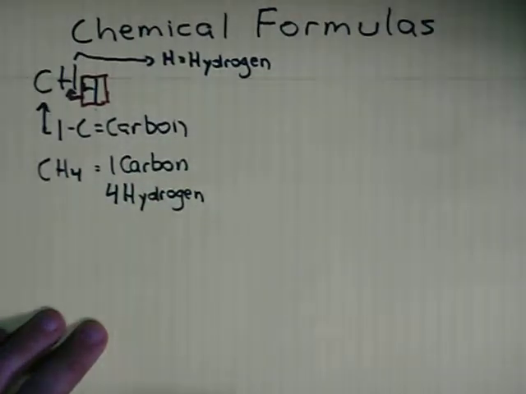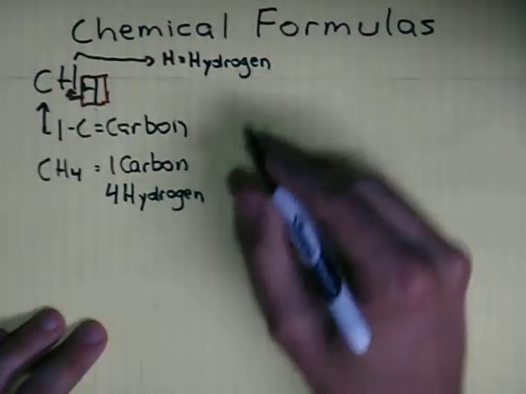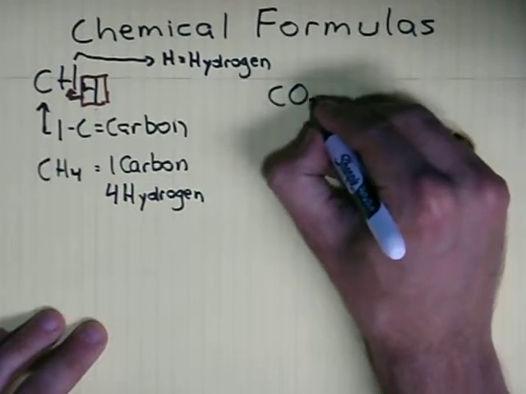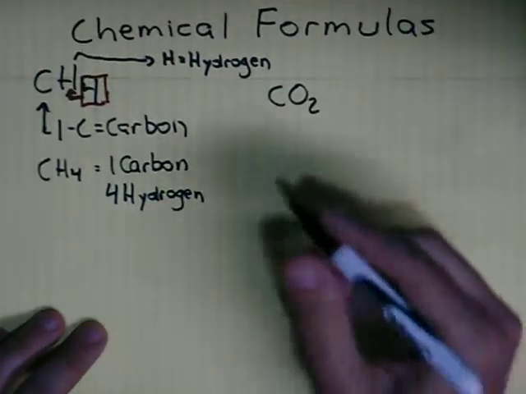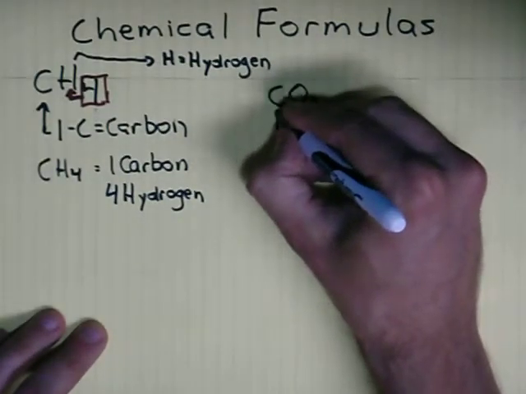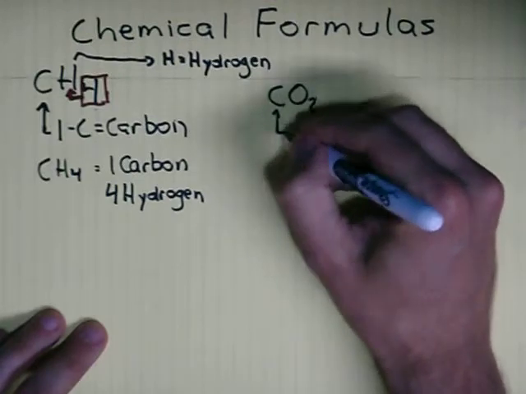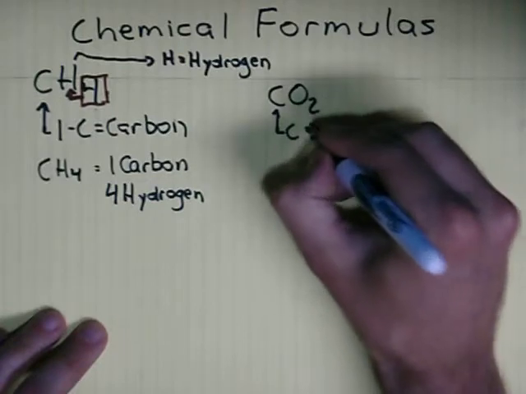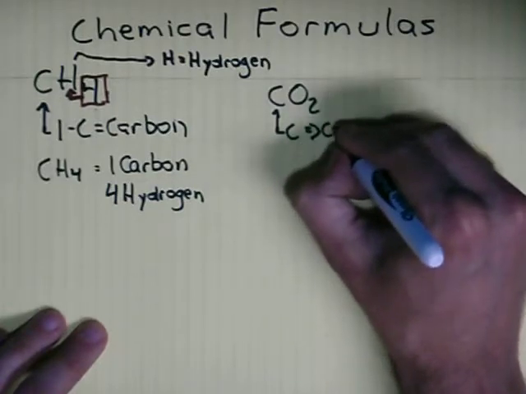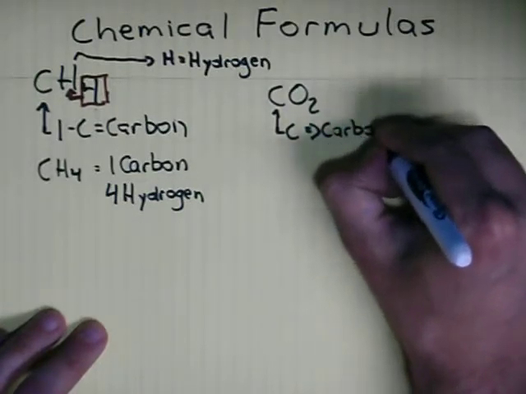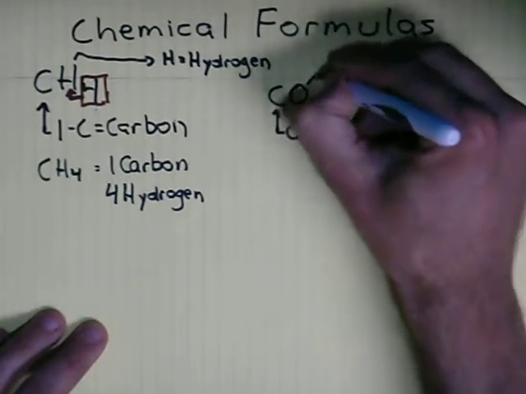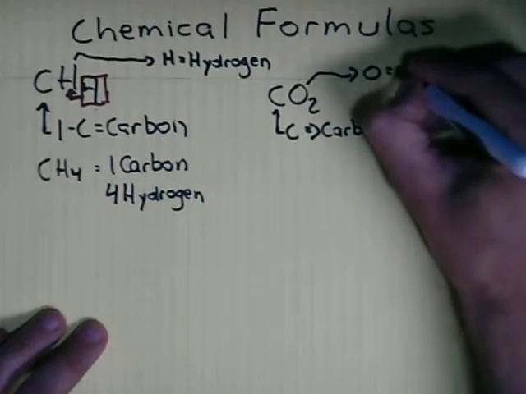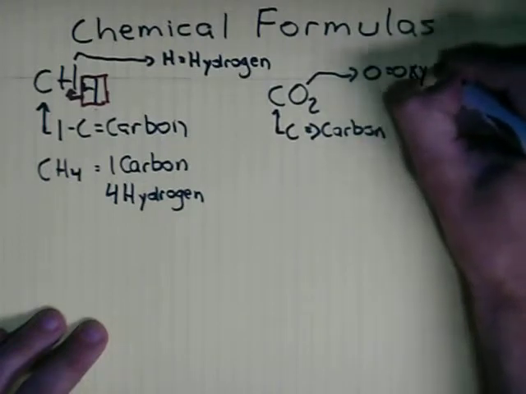Alright, so let's look at another example real quick. Say carbon dioxide, CO2. Same thing, we take a look here, we've got a C all by itself, so that means carbon. And there's only one of them. O, we look up that symbol, and O is oxygen.